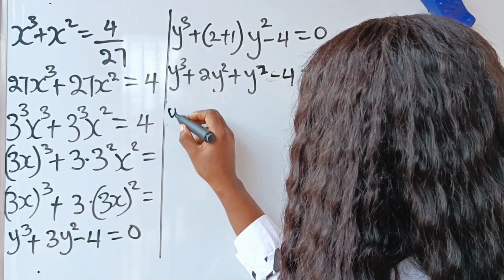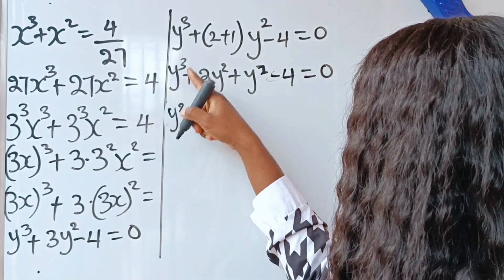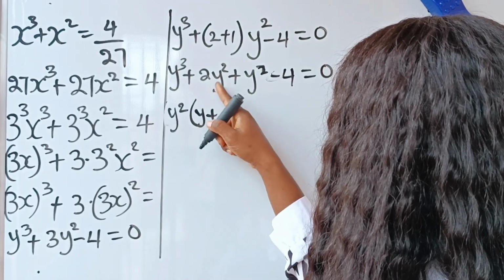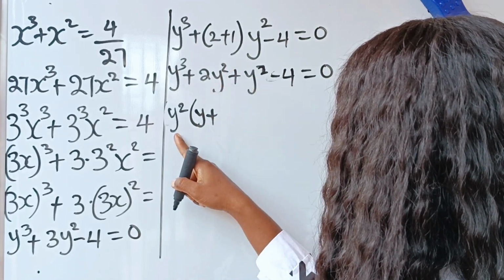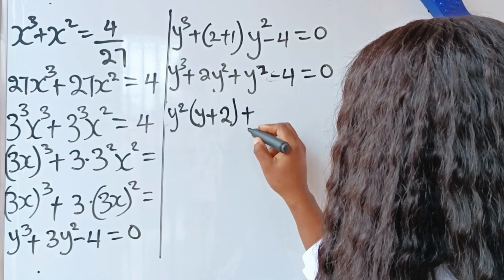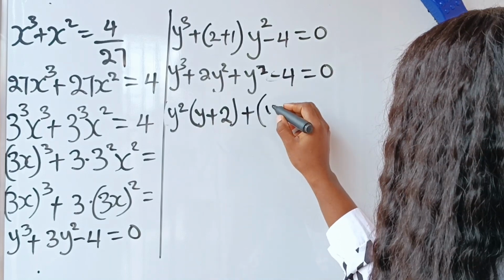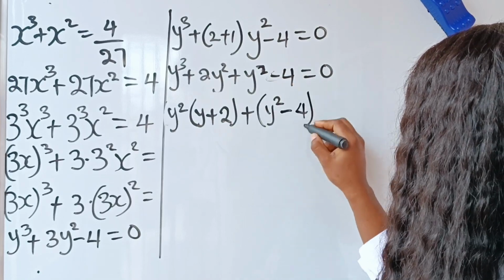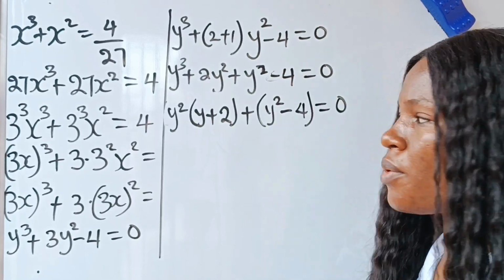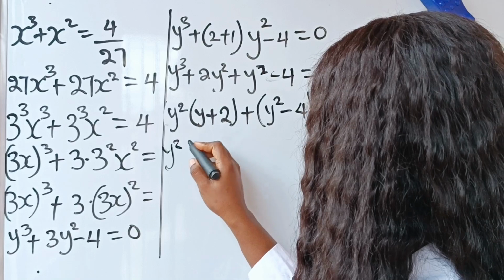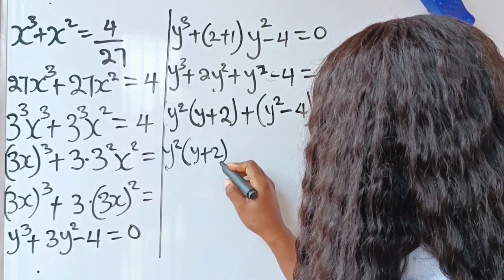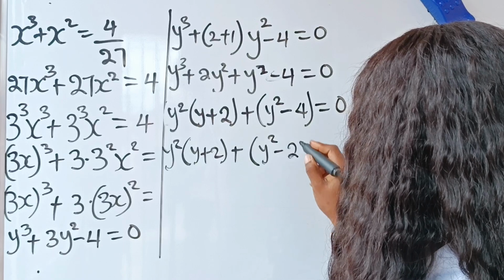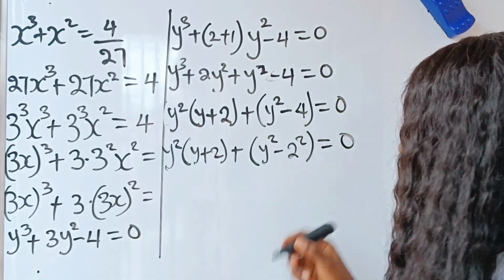So when we do that, we have y squared bracket y to the power of 3 divided by y squared will give us y, plus 2y squared divided by y squared will give us 2. Plus now we have y squared, this is minus 4, right, is equal to 0. Now we have y squared bracket y plus 2 plus, we can write this as y squared minus, and 4 is the same thing as 2 squared, is equal to 0.